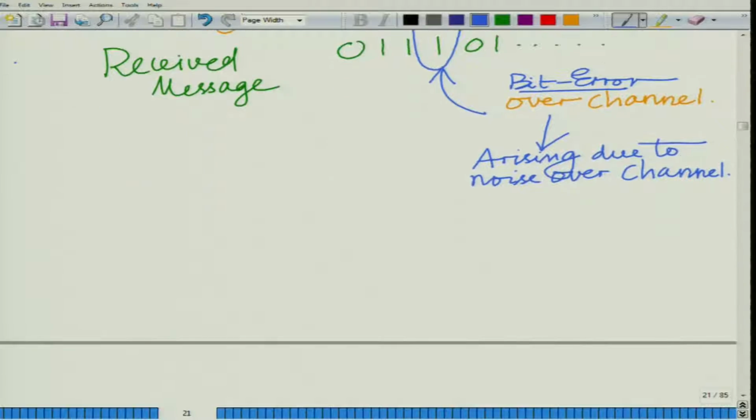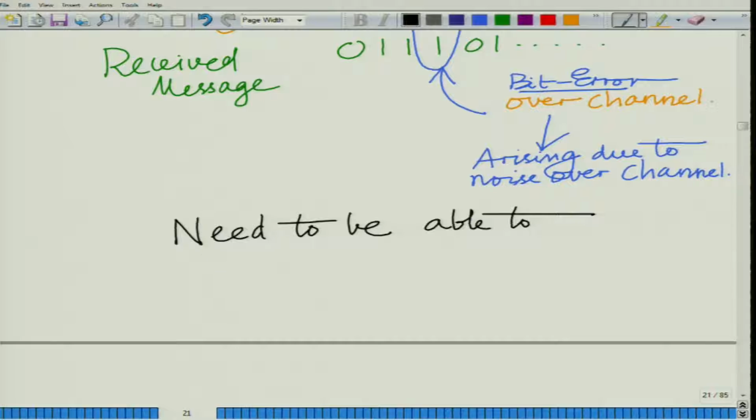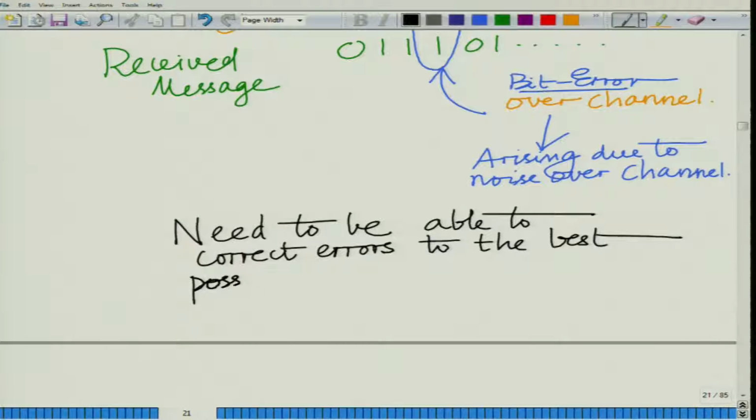So at the receiver, we need to be able to correct the errors to the best possible extent.